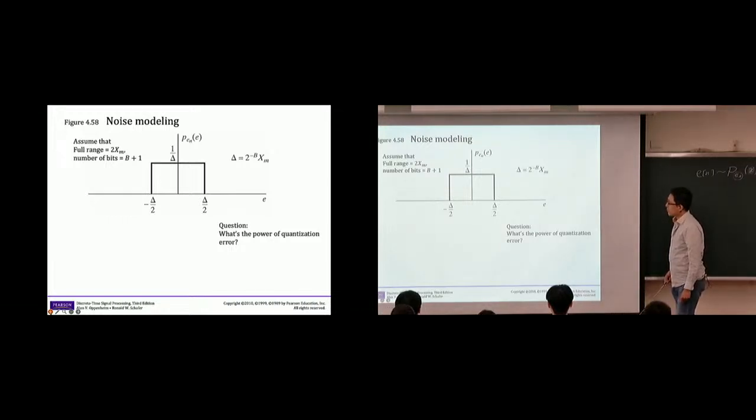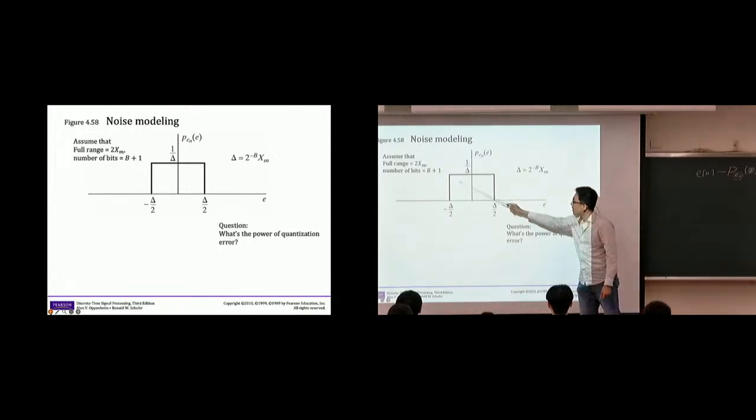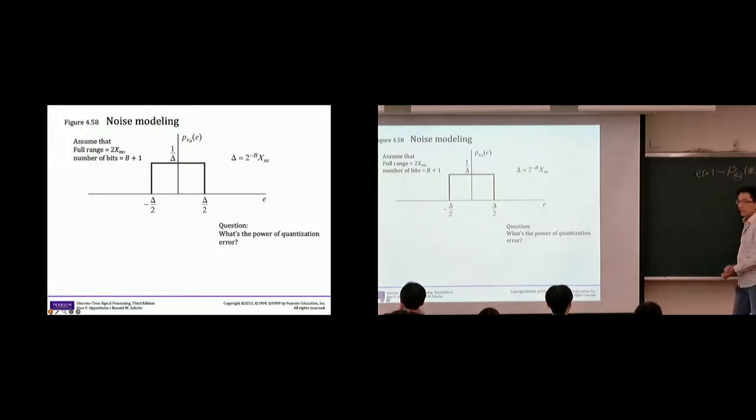This is a probability density function, which means that if we take the integral, the area below the density function needs to equal 1. Please remind yourself that's probability. Since this is a random variable, we can consider its mean and its variance.